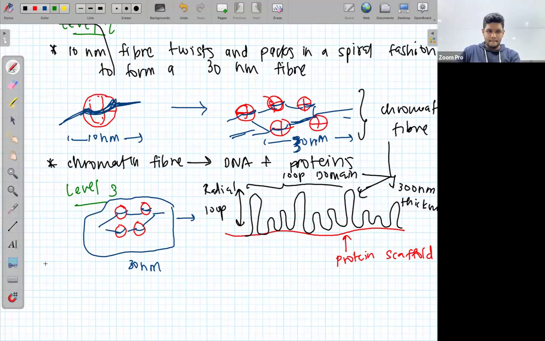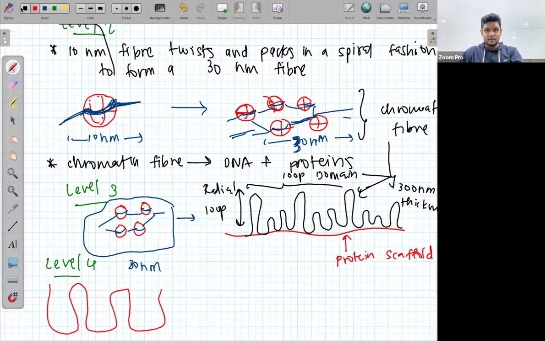Level 4 is easy. In level 4, what happens here is, it is not one straight structure. Actually, they will be looking like a completely loop-like structure, like this.